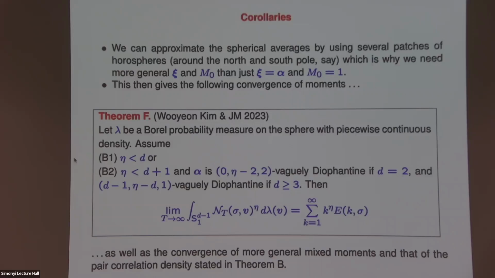Can I regard this as a stronger version of a quantitative non-divergence? Yeah, so we don't have a quantitative version. Like the Kleinbock-Margulis quantitative non-divergence, can I consider this as a stronger version of that? It would be a stronger version, yeah, because we can't just use Kleinbock-Margulis non-divergence.